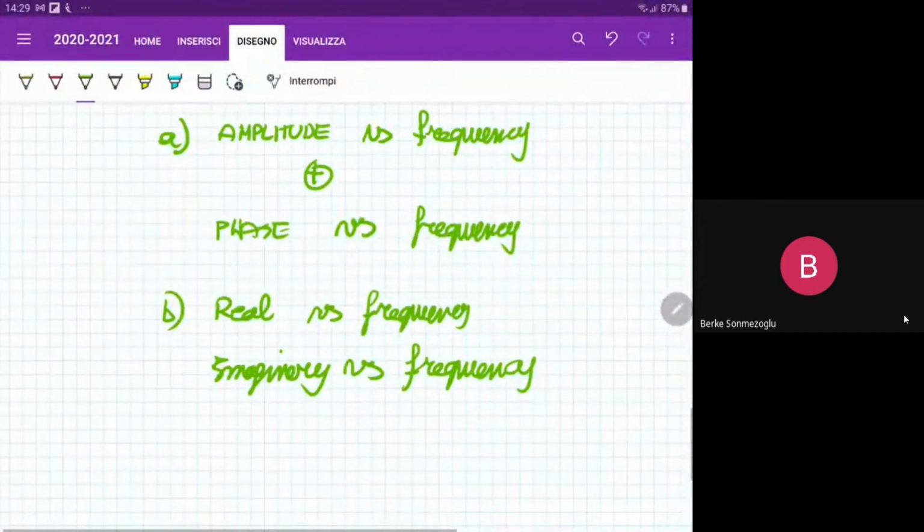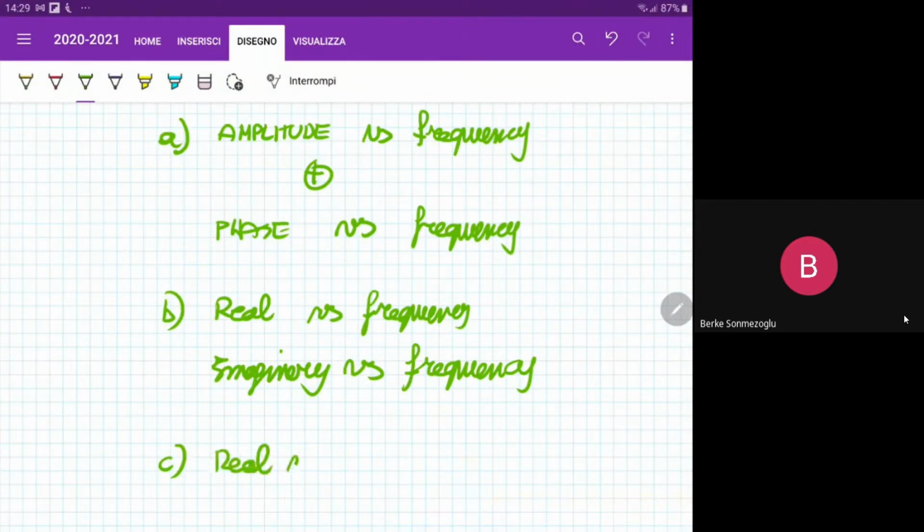The third way of representing your FRF is the real part versus imaginary part, in which, remember, the frequency is a parameter.